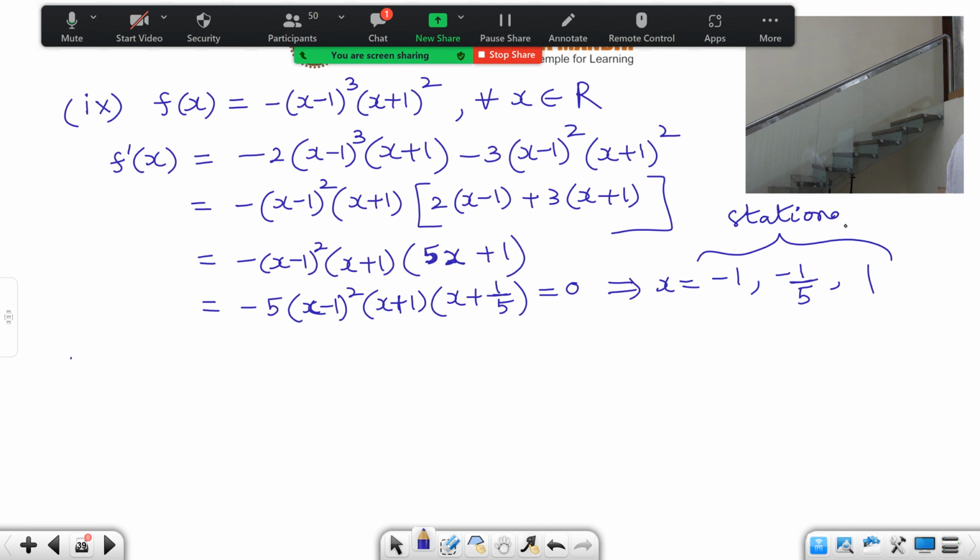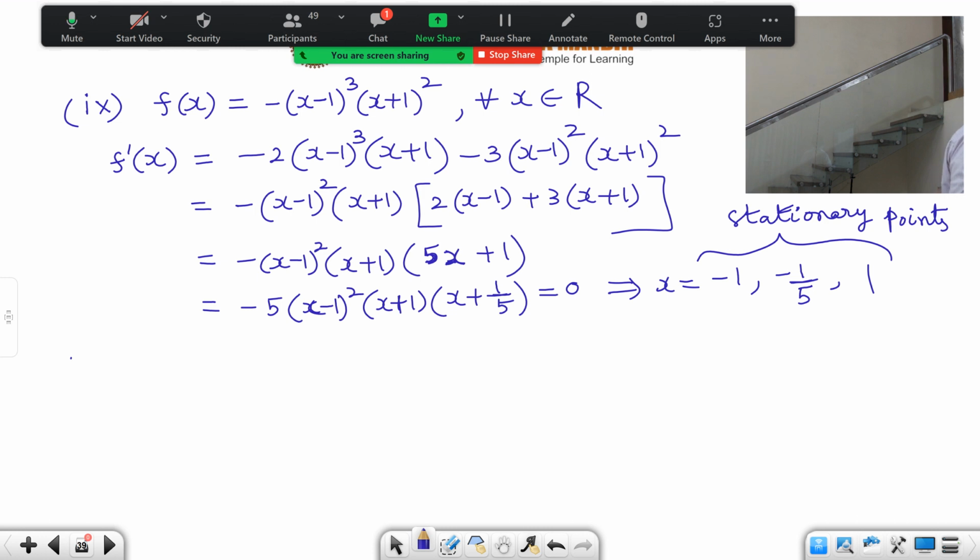These stationary points, are they turning points also? Turning point means what? These are stationary points. We have to find whether these stationary points are also turning points or not.